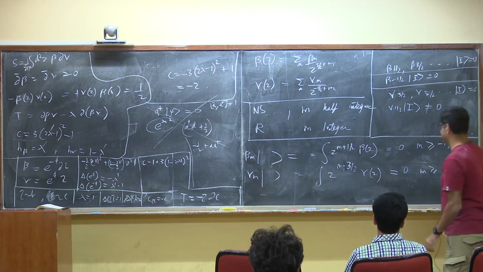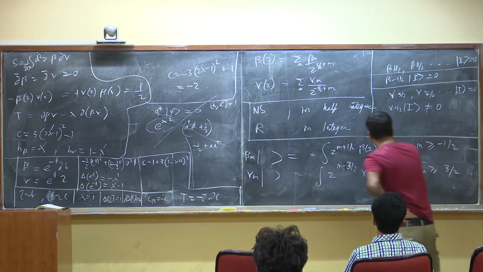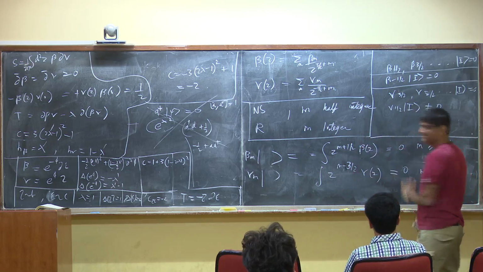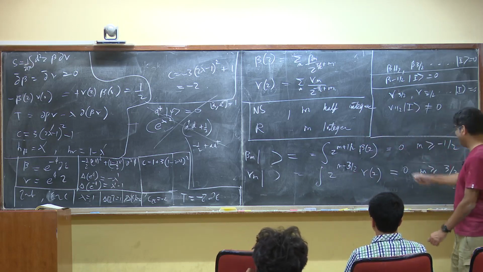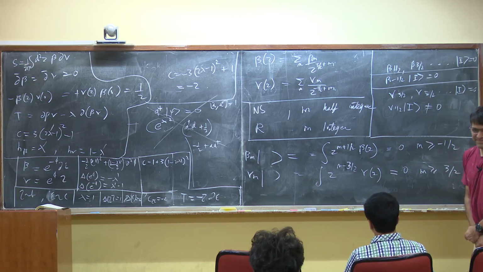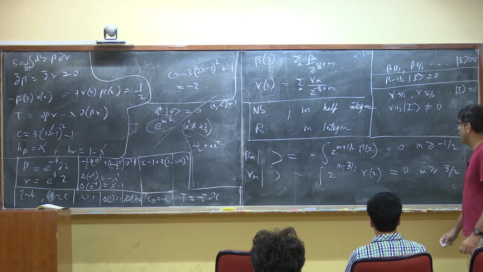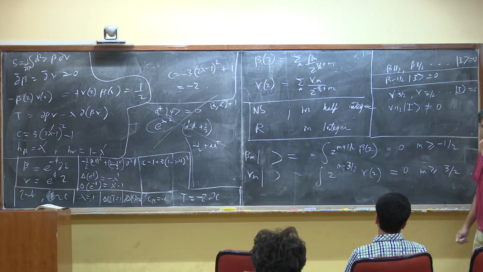How will that work? That will work if I had an additional 1 by z here, 1 by 0 was the first one, and an additional z here. Okay? Can anyone think of something that will give us 1 by z here and z there?